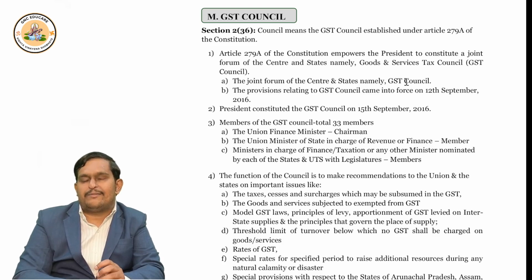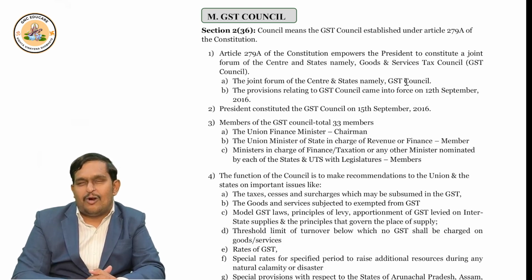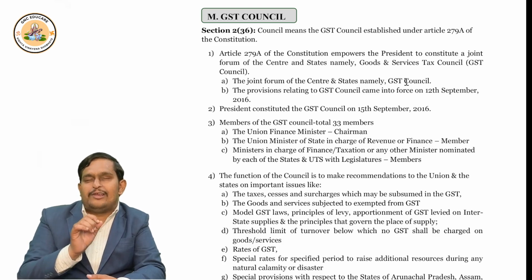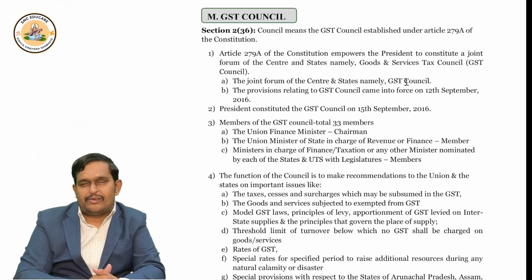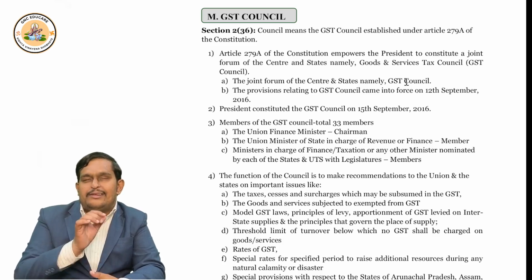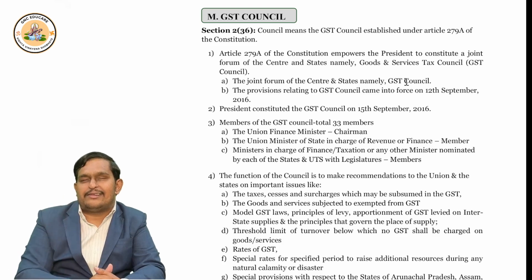Now, who is the chair of this GST Council? Obviously, the finance minister of our nation, presently Nirmala Sitharaman ji. Who is the second person? Obviously, the Union Minister of State in charge of revenue and finance. And all others, 31 states.